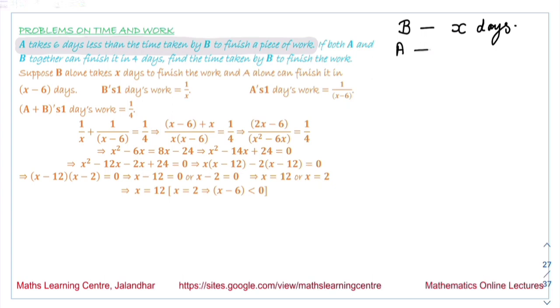Now the area we have is L into B, that is equal to L into 41 minus L, and this value is given to be 400. So we get 41L minus L square is 400.